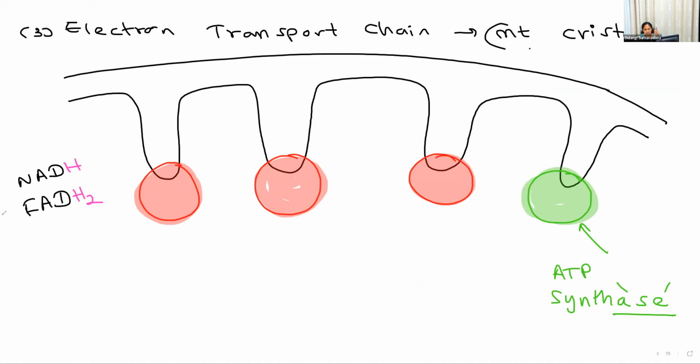And the first point is, they're going to unload their high energy protons. So can you write down number one as unloading high energy protons? The coenzymes produced throughout are going to unload their high energy protons towards the cristae, so they become unloaded.